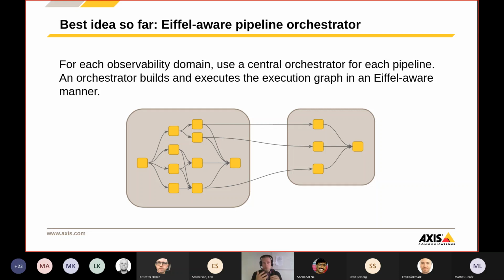So therefore, what we are, I think, going towards is having a central orchestrator, but making it Eiffel-aware. So internally, the configuration is expressed in Eiffel terms. For example, you might say that we should make a build, and we expect it to produce an artifact with the following package URL.